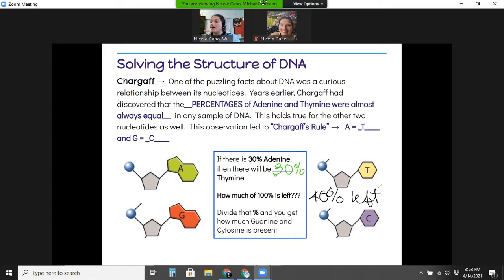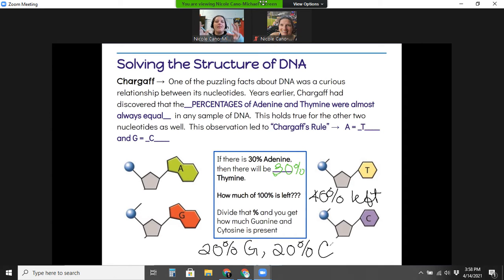What does that mean? Well, if I have 40% of my DNA left, because again, 30% adenine, 30% thymine, 30 plus 30 is 60, 100 minus 60 is 40. There's 40% of my DNA nucleotides left. If I divide that into two, that means that I have 20% guanine and 20% cytosine.